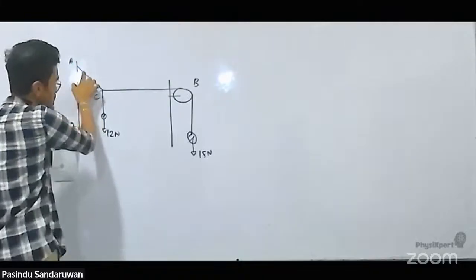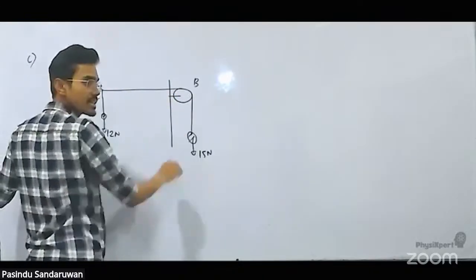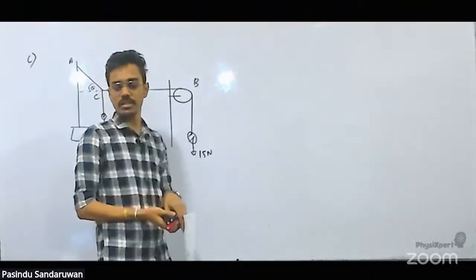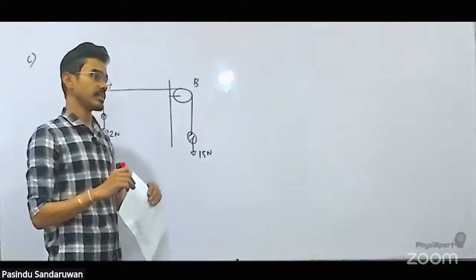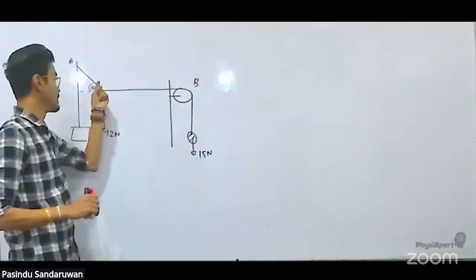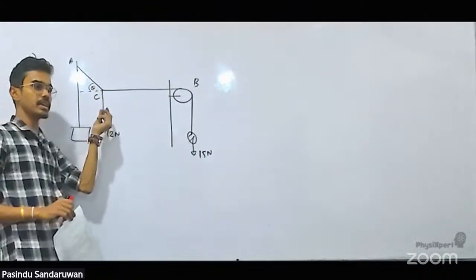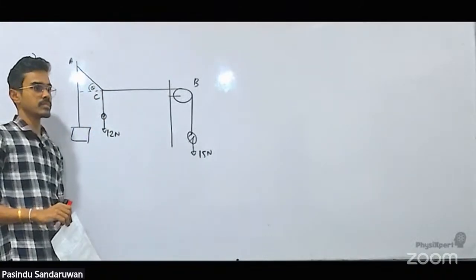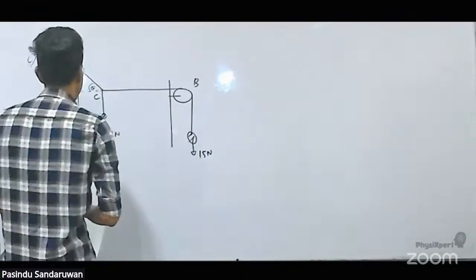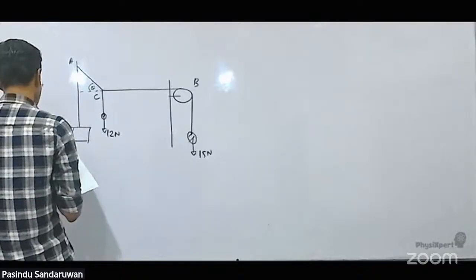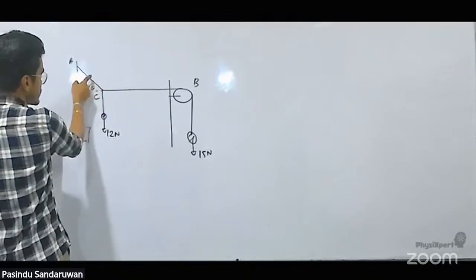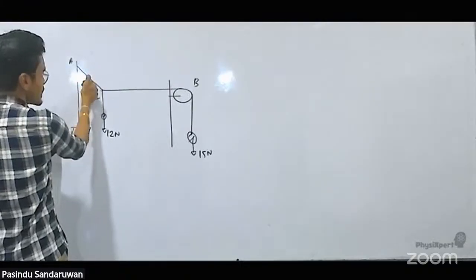Now, even though this is a single string, from here to here there is a single string, no, right? Usually tension of the same light inextensible string is the same, but when masses are suspended at a middle point, it changes, right? If a mass is suspended, it changes. So you can write an equilibrium equation, because from this T, the horizontal component is going to be T cos theta.